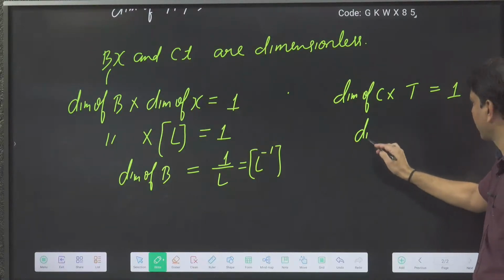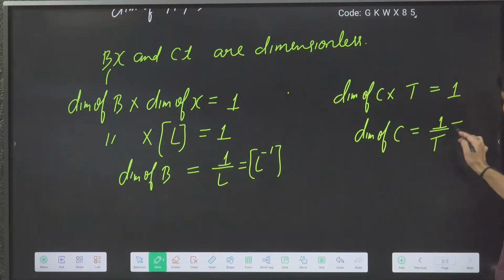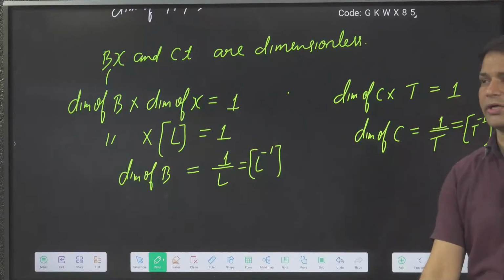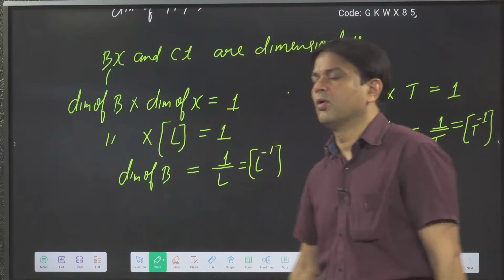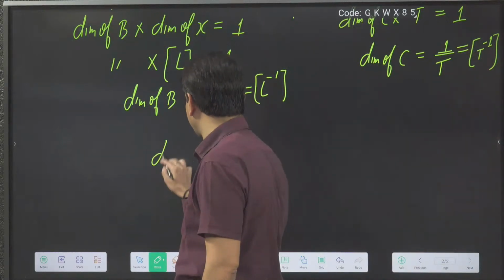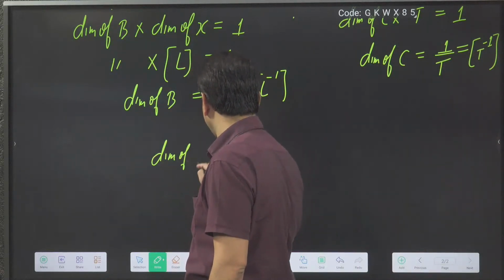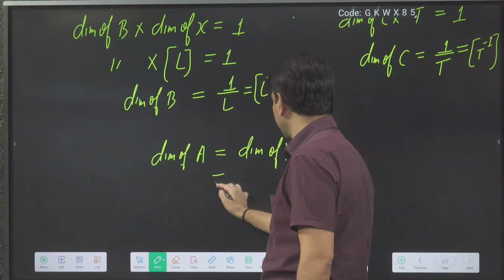Then dimension of C is 1 by T, that is T minus 1. And if I ask for the dimension of A, then dimension of A is equal to dimension of Y, and Y dimension is L.